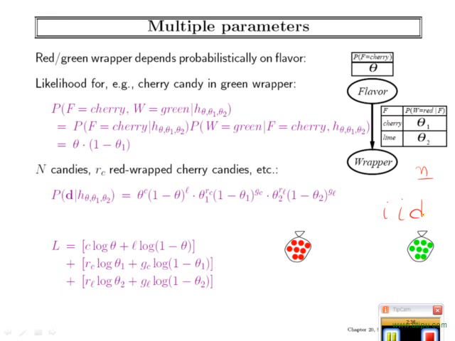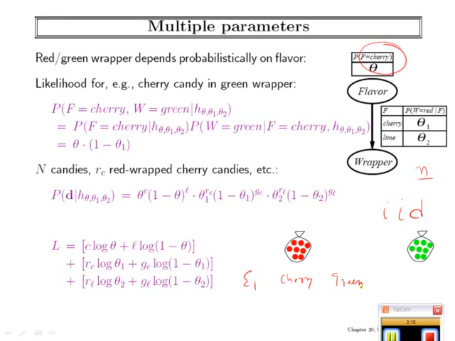Suppose I had, let's say, one red and one green. There's a flavor, cherry versus lime, and the wrapper, red versus green. Those are the two things, right? Suppose my example E1 is a cherry in a green wrapper.